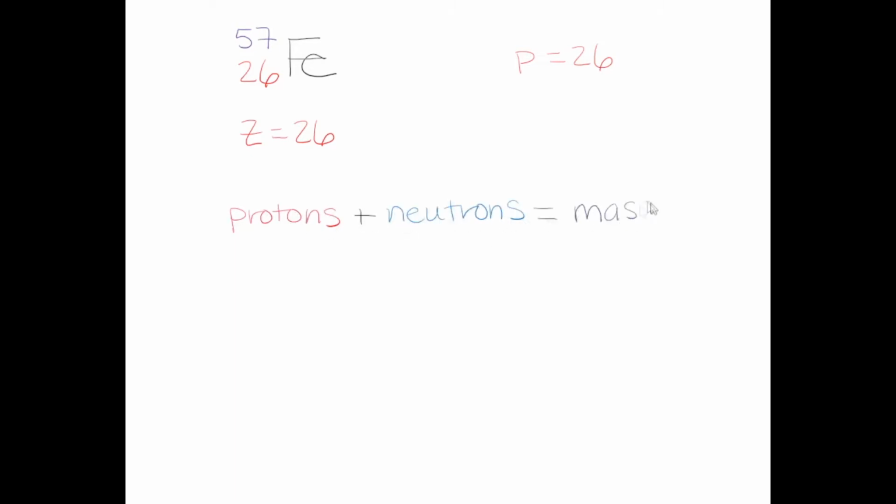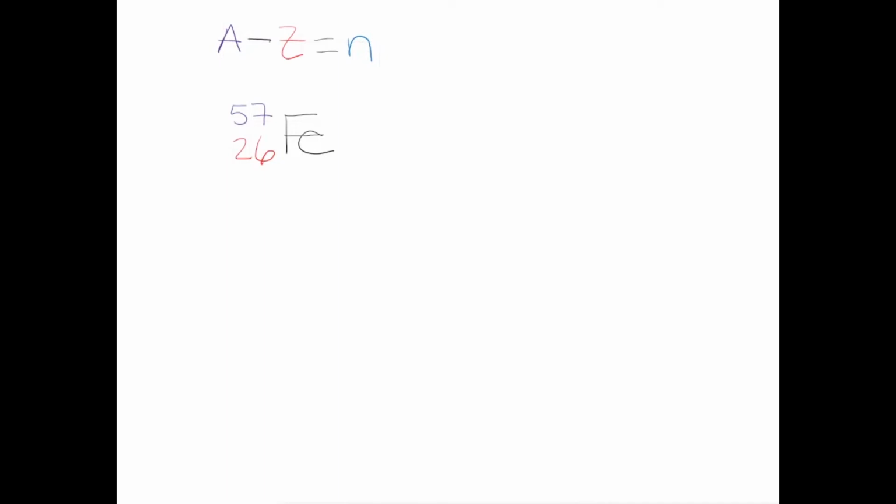Because protons plus neutrons equals mass number, or red plus blue equals purple, we can rearrange this to solve for neutrons as A minus Z equals N. Here's a useful trick. Always set up this neutron math directly on the isotope symbol. 57 minus 26 equals 31.